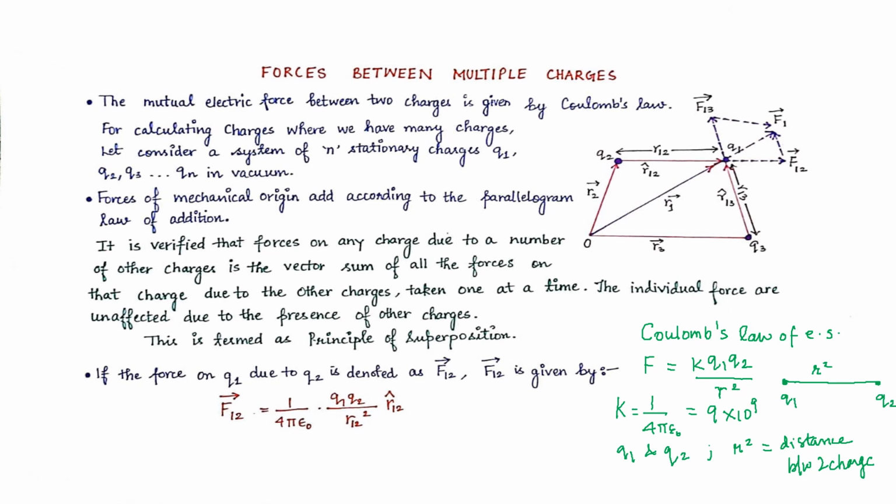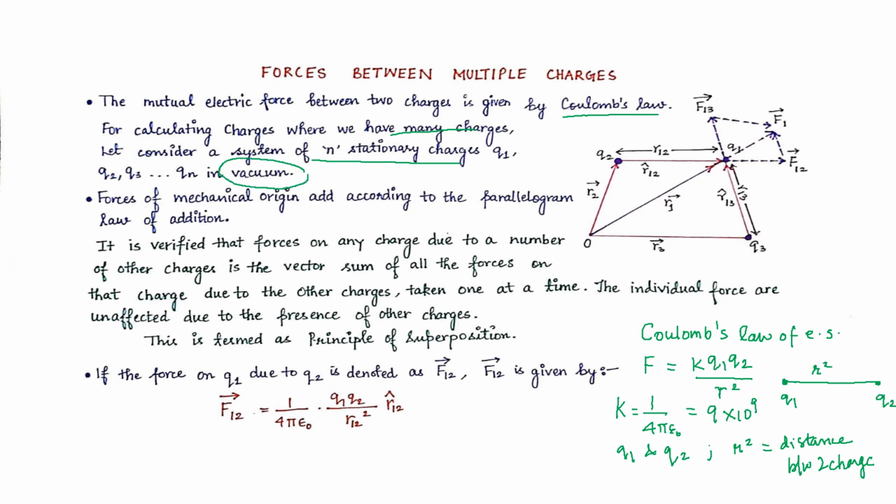So the mutual electric force between two charges is given by Coulomb's law, as I have already told. Now for calculating forces where we have many charges, let us consider a system of n stationary charges Q1, Q2, Q3 up to Qn in vacuum.